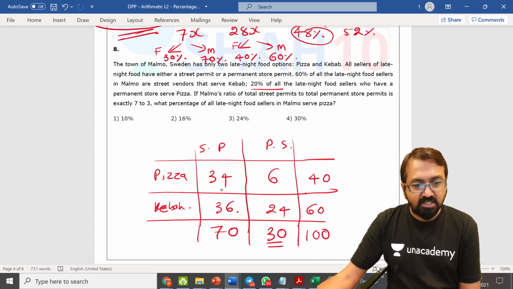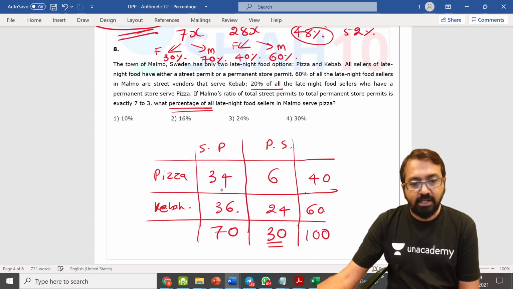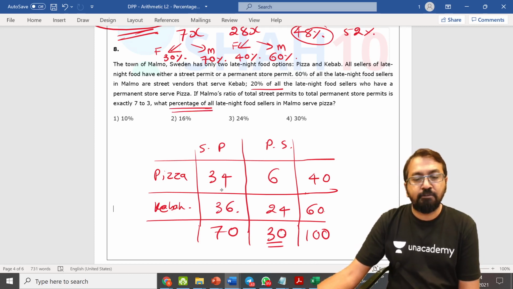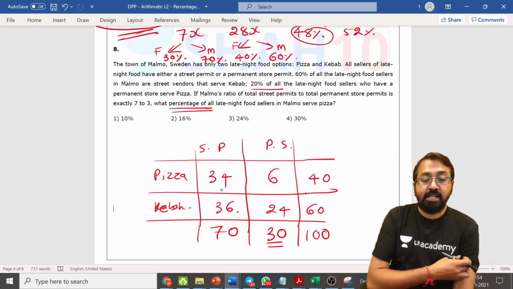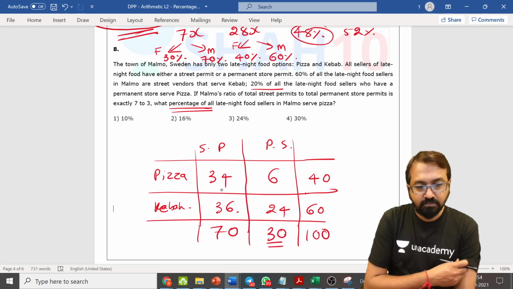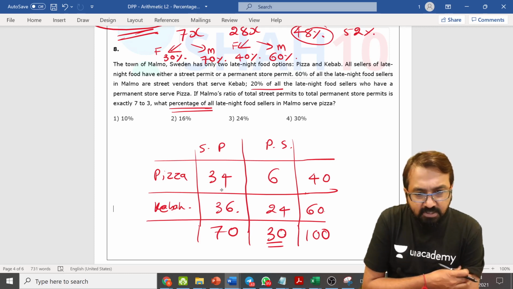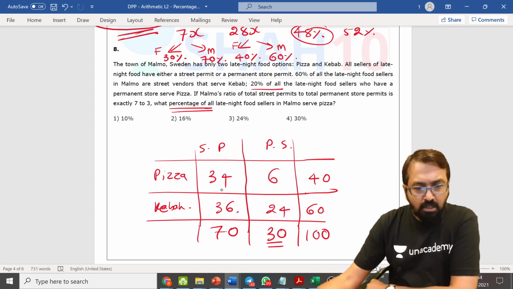So they are asking us what percentage of all late night food sellers in Malmö serve pizza. Okay. So what percentage of all late night food sellers in Malmö serve pizza, right?